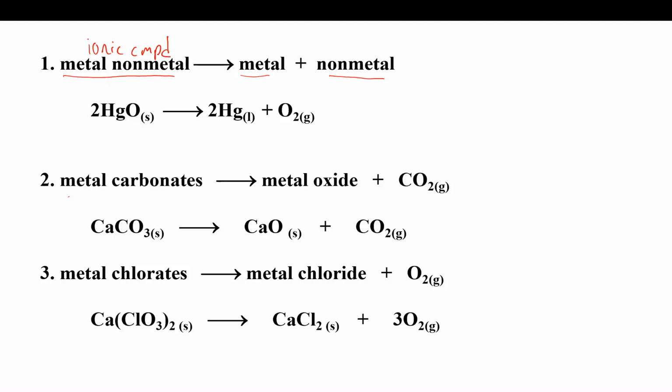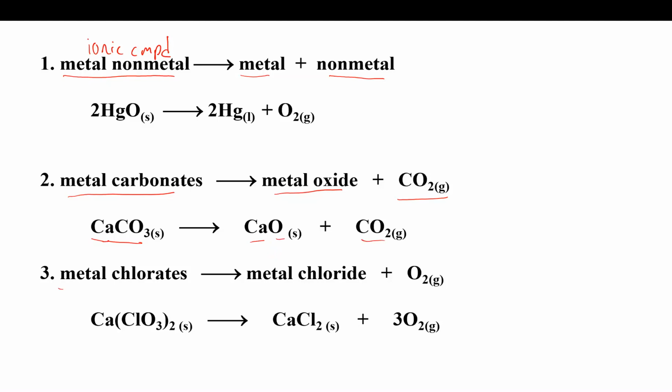Another example of a decomposition are metal carbonates, and they can break down to metal oxides and CO2 gas. So the metal carbonate we have here is calcium carbonate, and it breaks down to the metal oxide calcium oxide and CO2 gas.